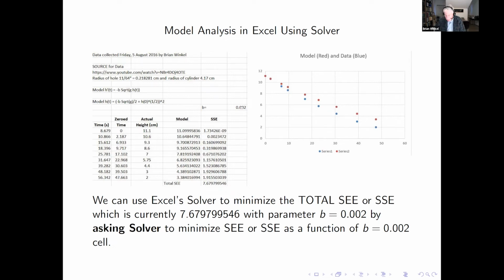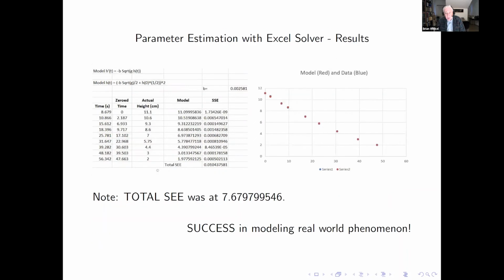Okay, so this is all set up in the teacher version, and you as a teacher can either elect to share this with your students, have them build their own, sketch out the beginning and maybe only give them this much information and ask them to put in their data, any combination of this that you're comfortable with. So this is the final result that I'll get to when we do a live one here. And what you see is the red dots are the model and the blue dots are the data, and they seem to be right on.